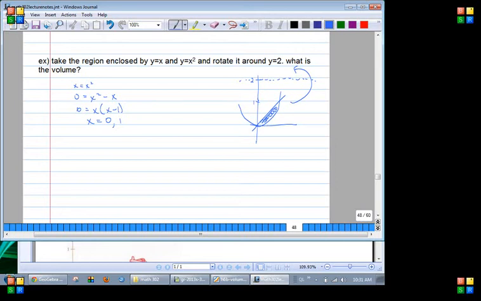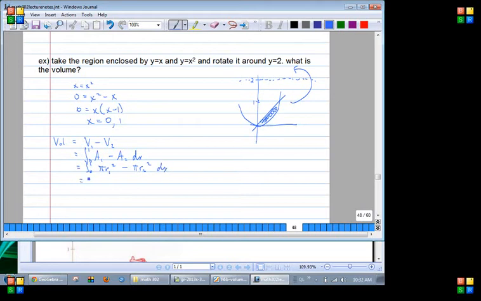Okay. So actually, let's just do this. We know we're going to get pi r1 squared minus pi r2 squared.